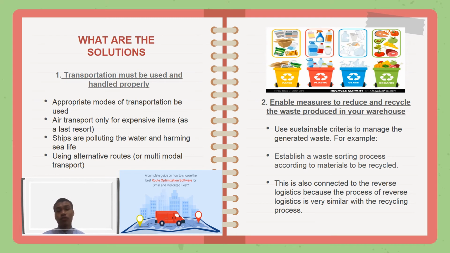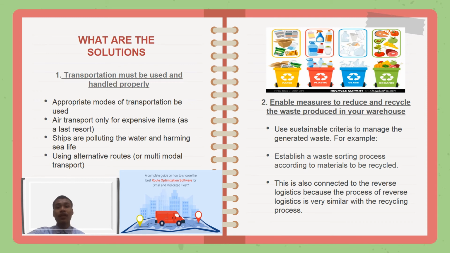Alright, the next solution is that the waste produced in the warehouse must be reduced and recycled so it can be sustained for a long time. For example, the waste must be sorted according to the materials, such as paper, plastic, glass, and organic materials, to be organized and recycled back.